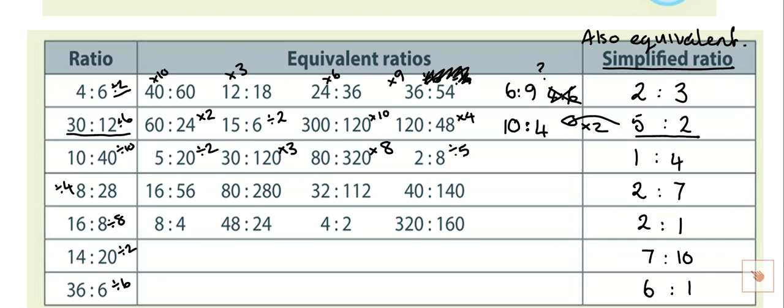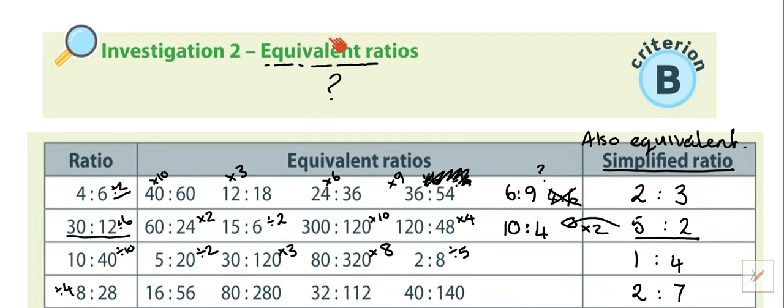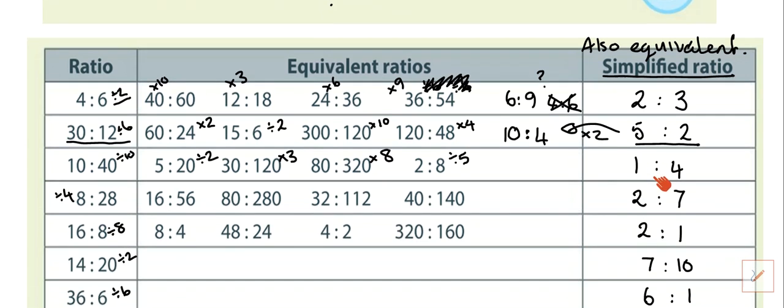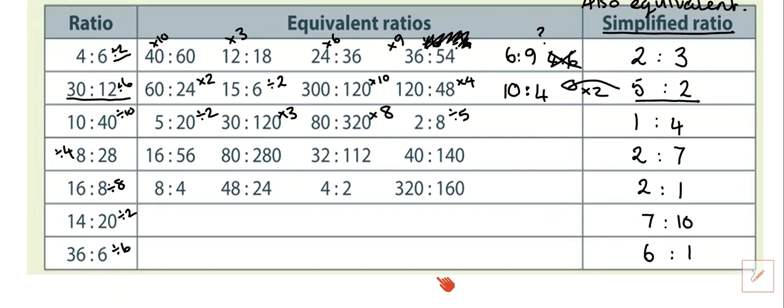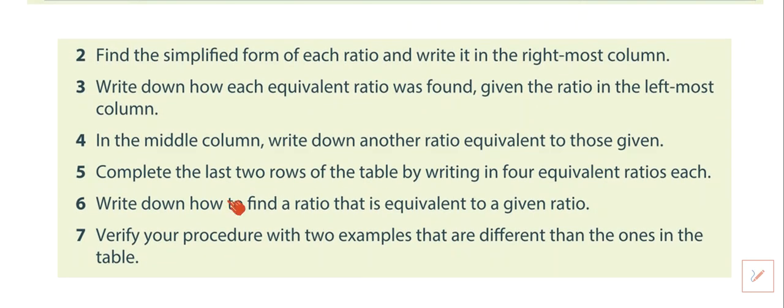All right, so you've got a job to do. Does that make sense to everyone, what we've got? There's 2 things you need to have understood now. You need to know what a simplified ratio is and how to do it, and you also need to understand how to find equivalent ratios. Now, I do notice that some of you haven't filled much more of this in. I hope you understand it. What I'm going to get you to do now is these things.